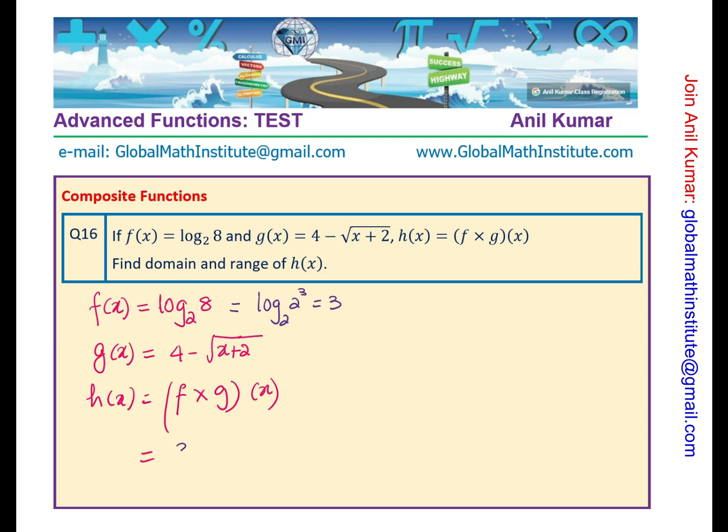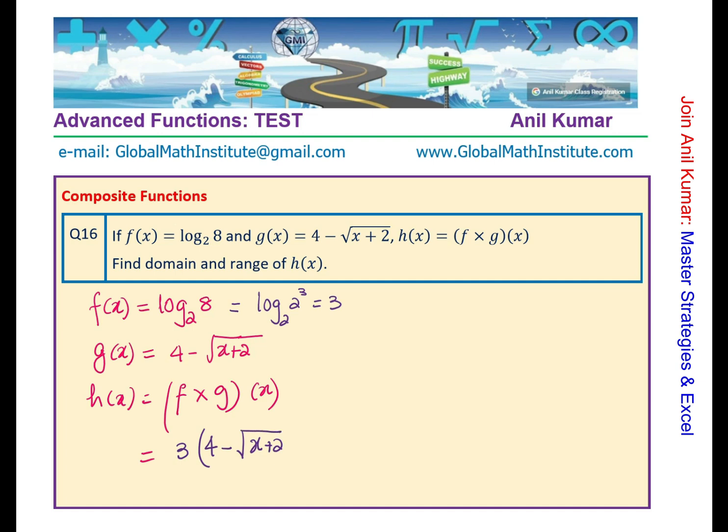So we can multiply 3 with g of x. g of x is 4 minus square root of x plus 2. Correct? So that is what h of x is. Let's write down clearly.